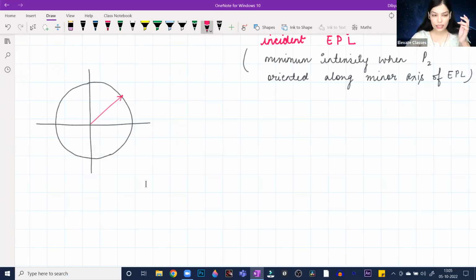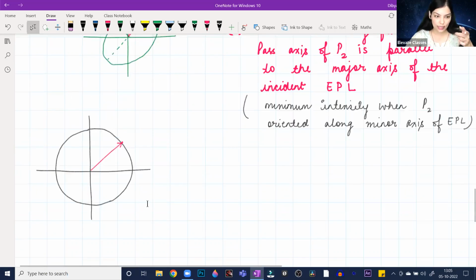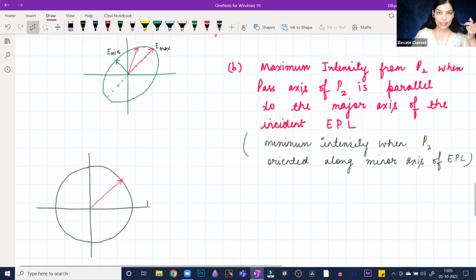So similarly, for circular, theta should be 45 and the magnitude of the x and y components should be the same. Only then I'll get a circularly polarized light. But if the magnitude of the x component and y component is not the same and the angle theta is not 45, then what will I get?